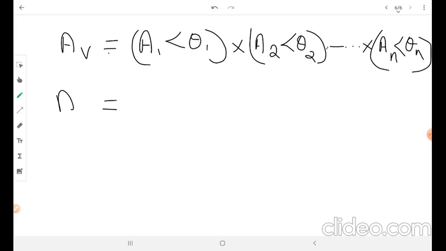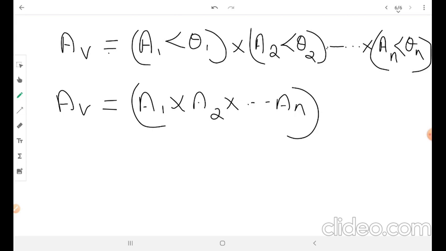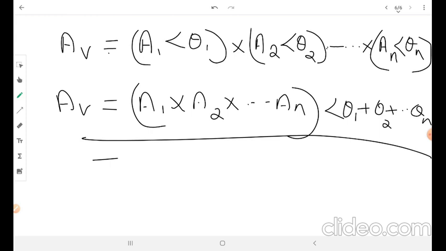So, the overall gain in a cascaded amplifier will be A1 into A2 into A3 up to An. The gain will be the product of individual gains, and the angle will be theta 1 plus theta 2 up to theta n. This is the overall gain of this cascaded amplifier.